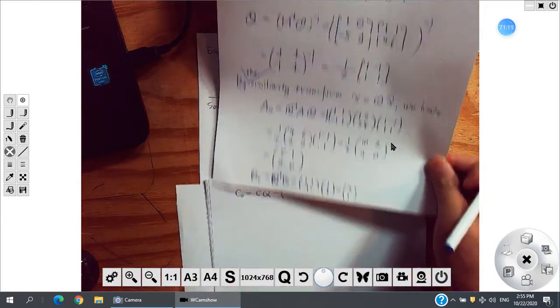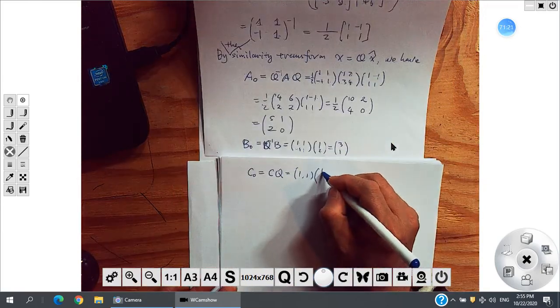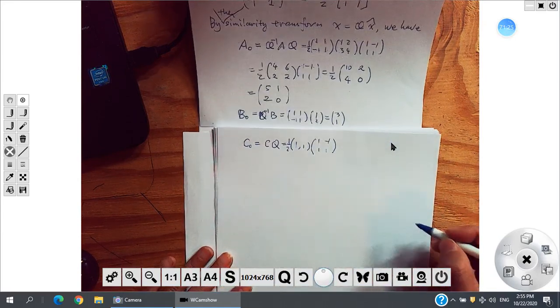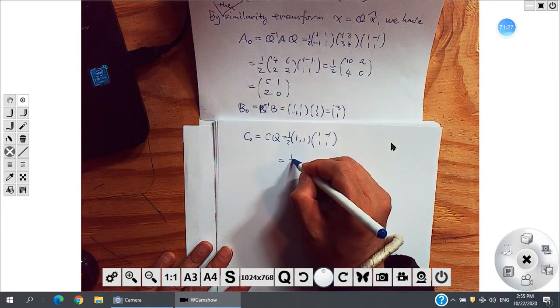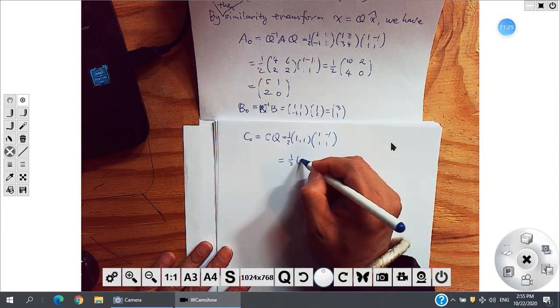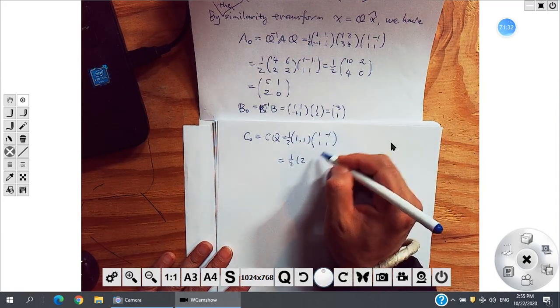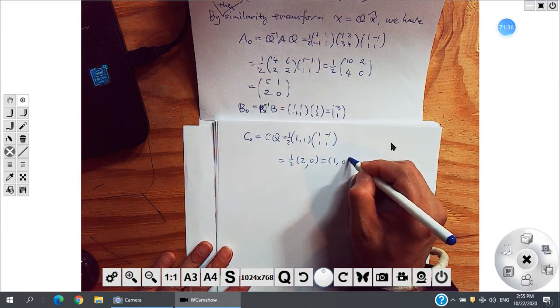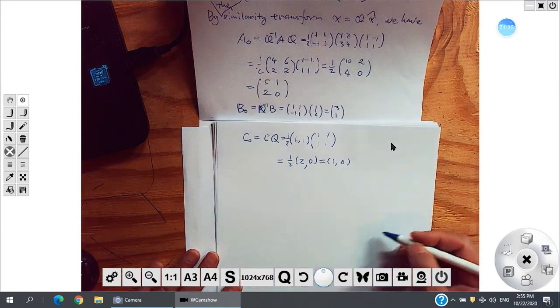So it is 1, negative 1, 1 and 1, and a half. I put it in the front. This gives us 1 half times 1, 1, 1, 1, and 2. 1, 1, negative 1, 1, I get 0. So this is just 1 and 0. Okay, this is C.